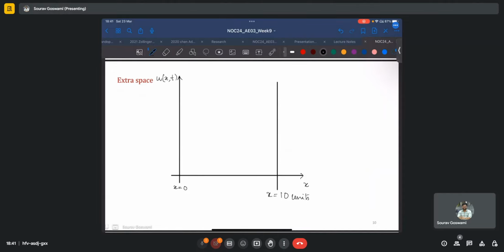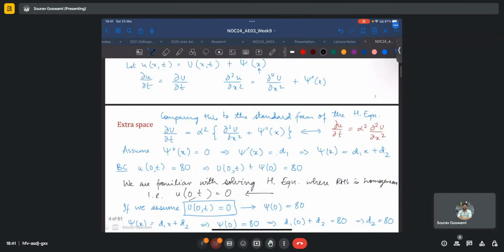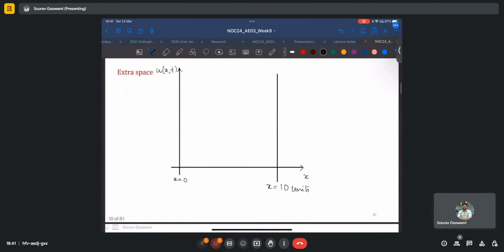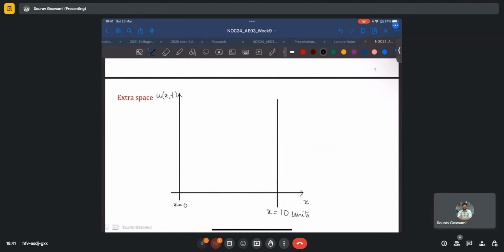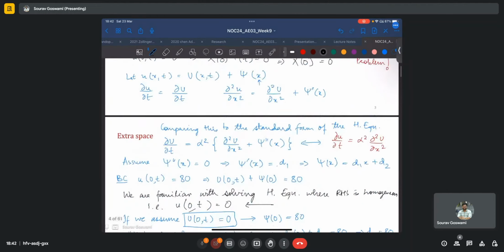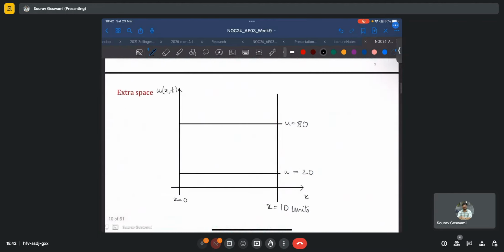Similarly, on the y-axis, so we had 20 and 80. Let this be u equals 20, and initially it was 10x, so maybe 100 as well.